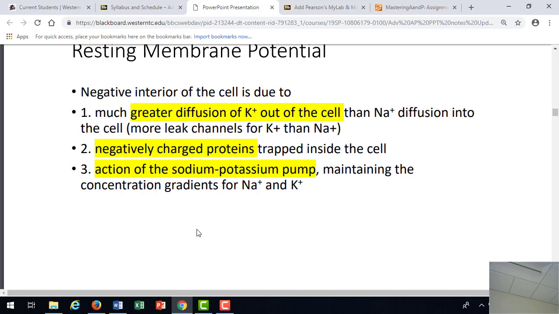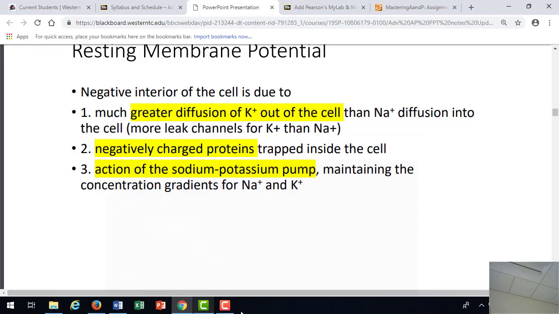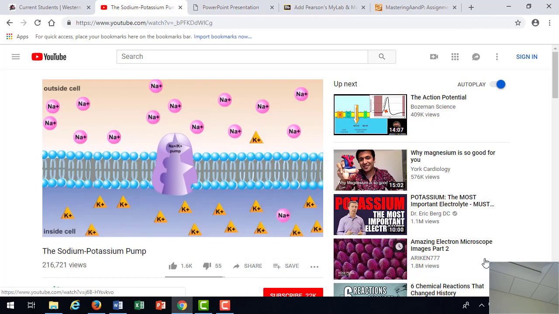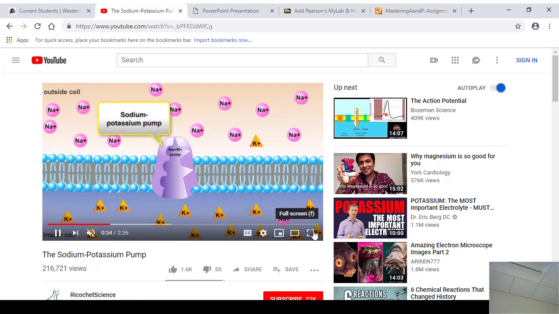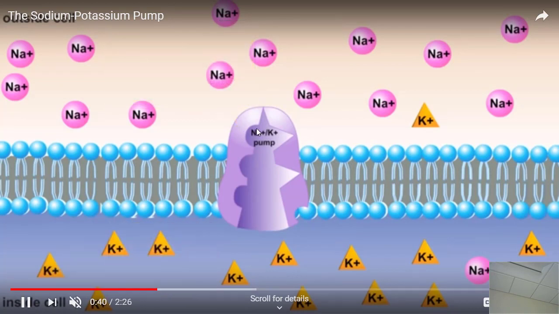And the reason why potassium leaves is because of the action of the sodium-potassium pump. Do you remember what the sodium-potassium pump does? The sodium-potassium pump moves ions against their concentration gradient. So this is the pump.